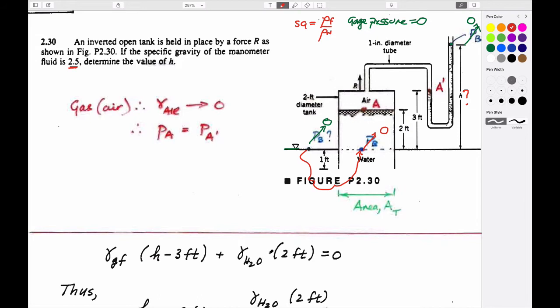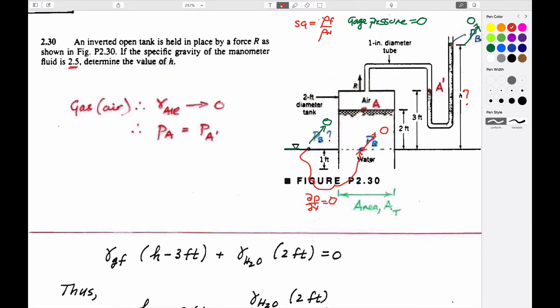The rest then is to link the magnitude of the fluid pressure at this point to the fluid pressure at this point, because if we do that, this value of height is going to be included in that equation. And so we just use those manometry equations. This one is using dP/dx equals 0, right?